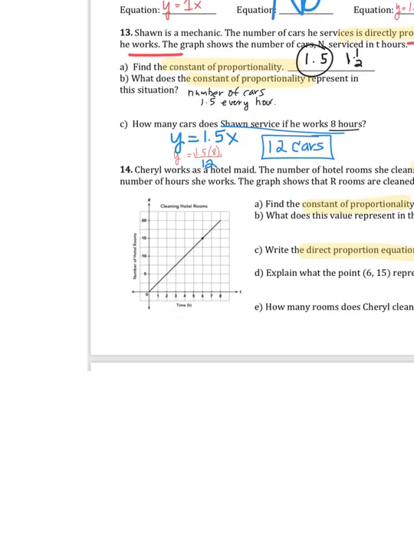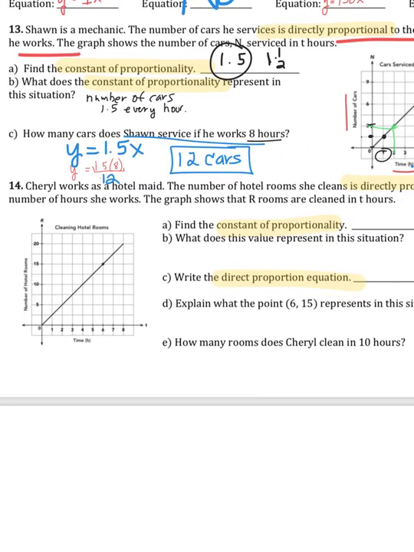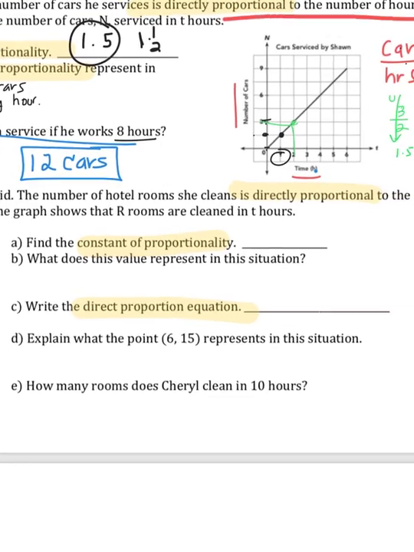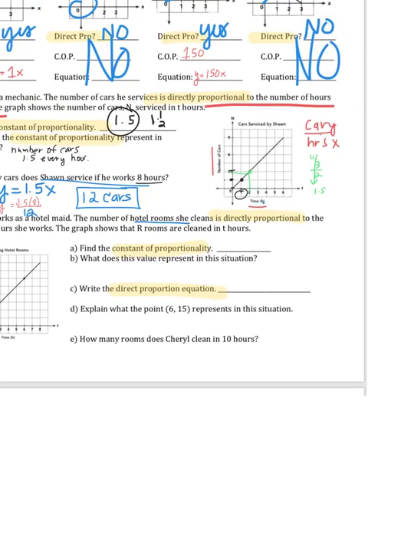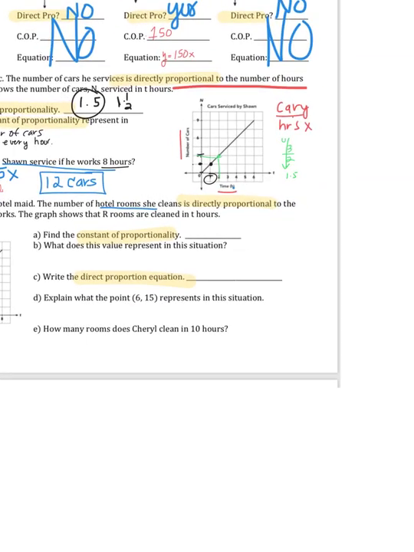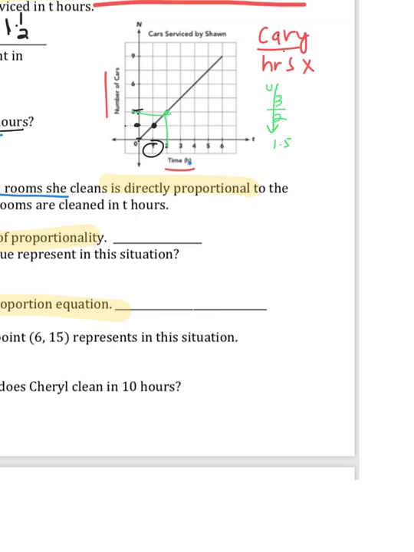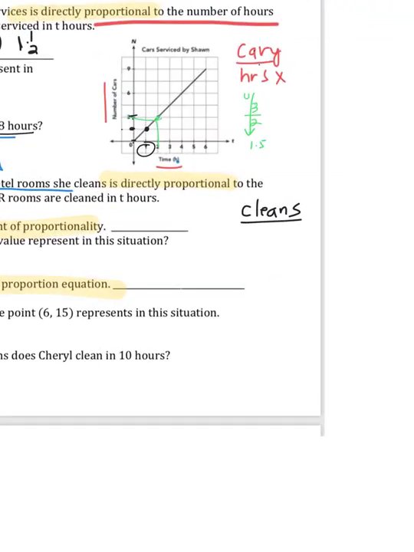Okay, last one. Cheryl works as a hotel maid. The number of rooms she cleans is directly proportional to the number of hours she works. So the rooms she cleans is directly proportional to the hours.